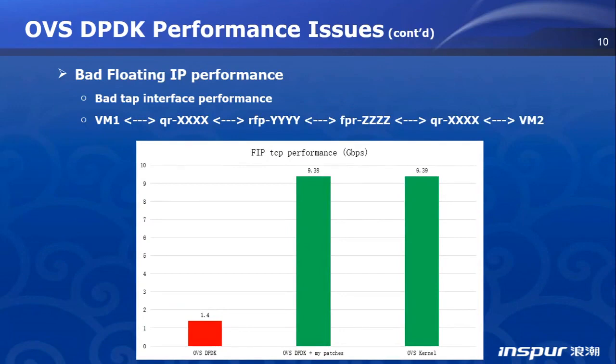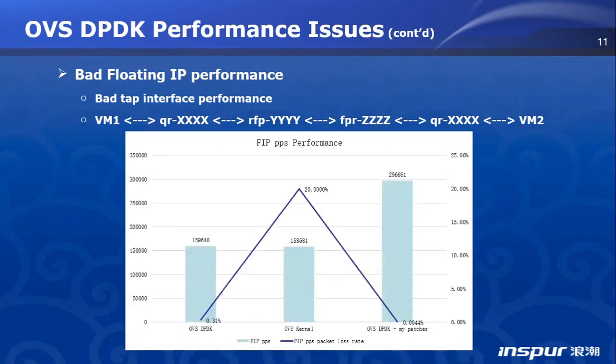VM-to-VM floating IP performance is bad because there are more interfaces, with tap interfaces, iptables, and conntrack involved. You can see OVS kernel and our patches have super good performance for floating IP TCP. Here, floating IP PPS performance is also bad.